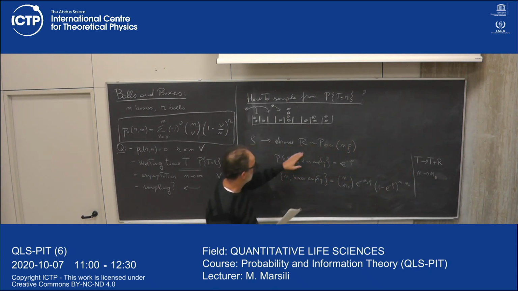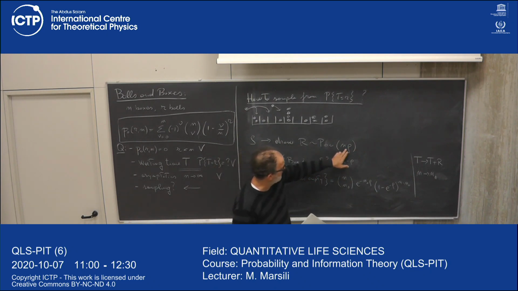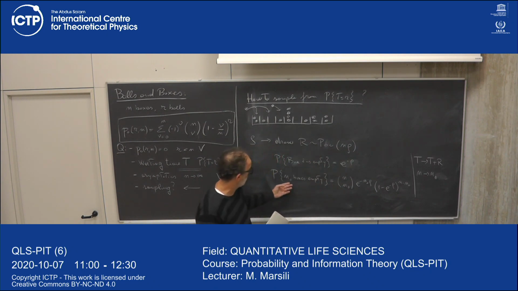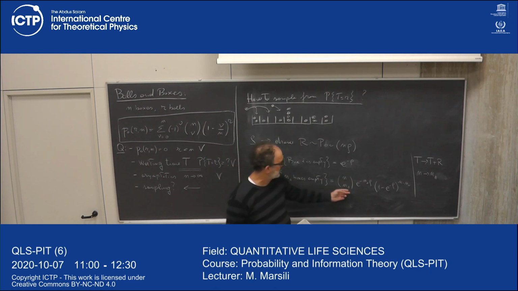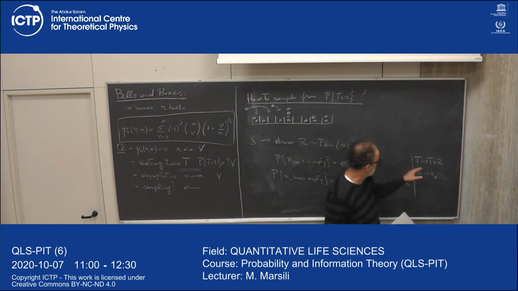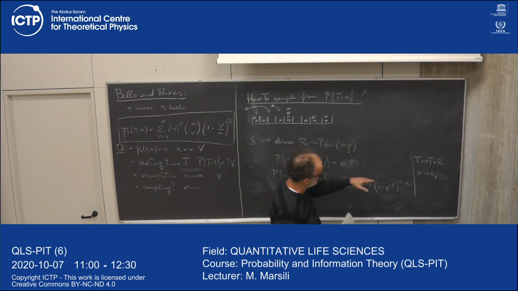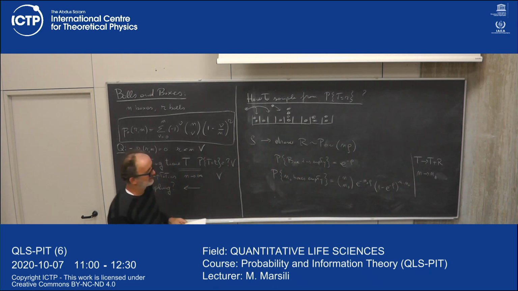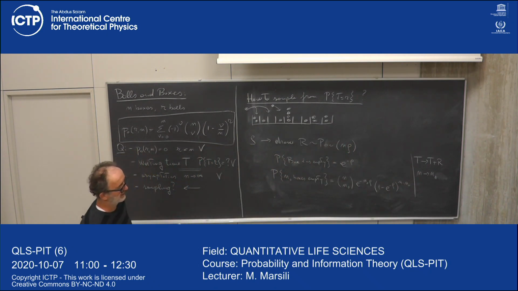And then you will draw another Poisson random variable, with mean n0 times rho, and you will compute another n0 prime. And so on, and you do this until you hit a value of n0 which is equal to 0. And then you stop, and when you sum all the random variables that you have drawn in this step, you will get a sample of T from the correct distribution of this waiting time.